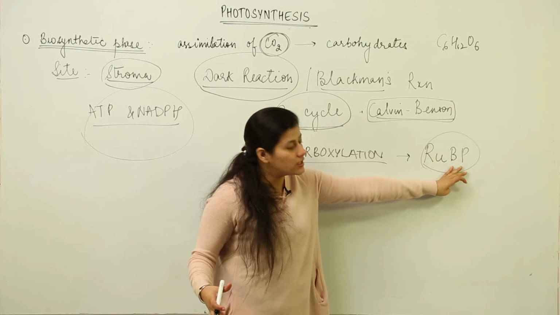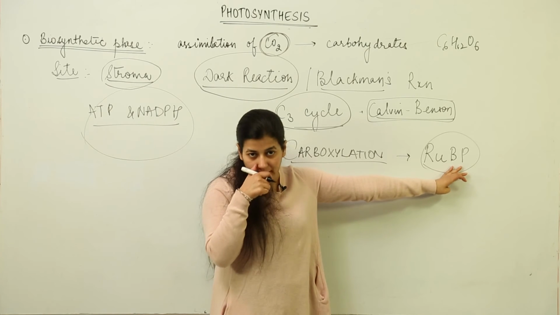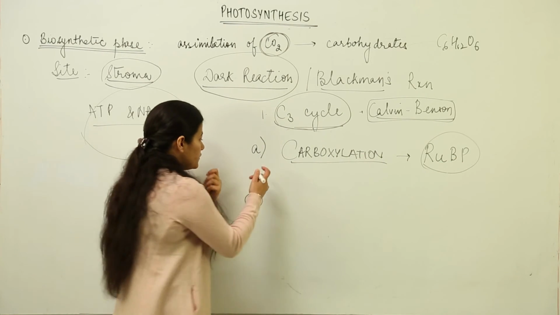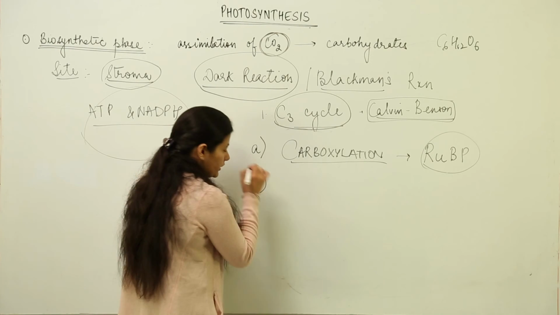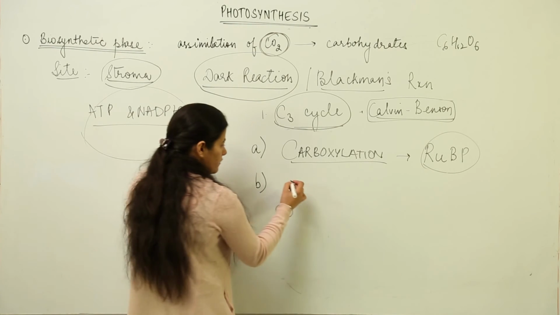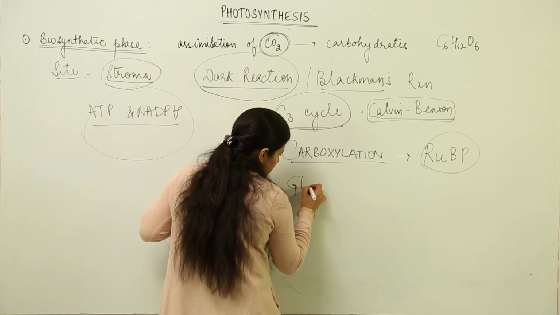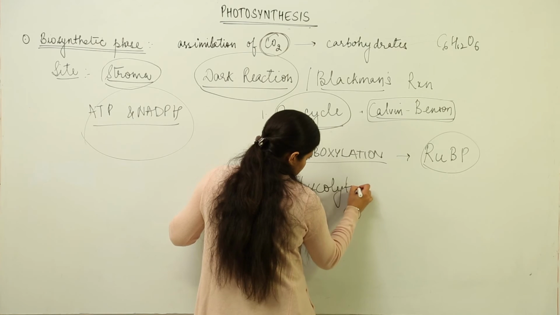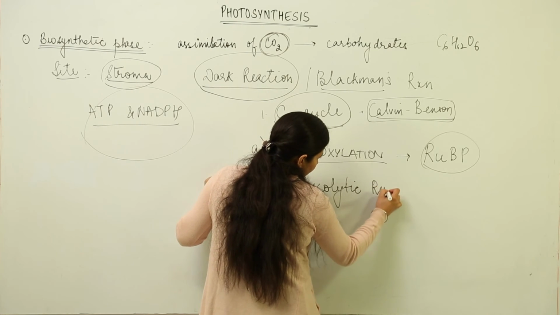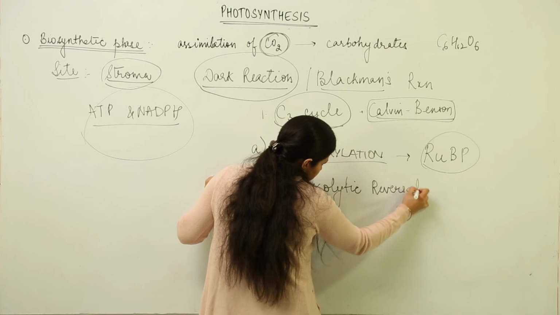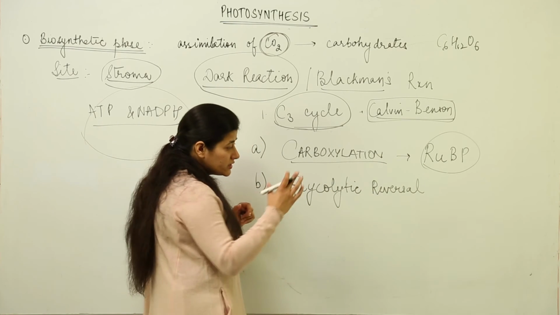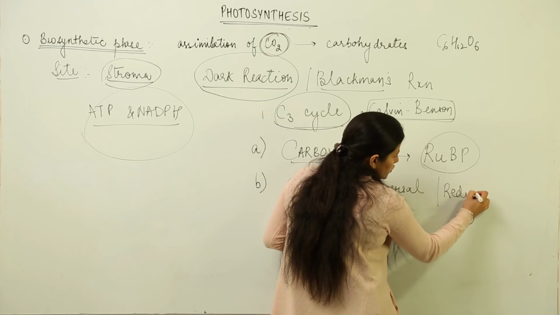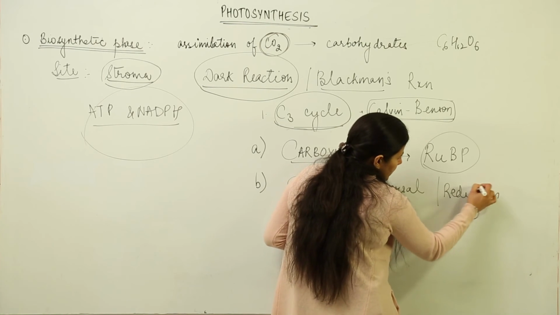Why am I telling you this? RuBP is the compound that takes up carbon dioxide, because when I tell you the third step, you should not be confused about what RuBP actually is. Now, the second step involves glycolytic reversal. Why am I using glycolytic reversal and why haven't I used the simpler term for this, that is reduction, using the assimilatory power?